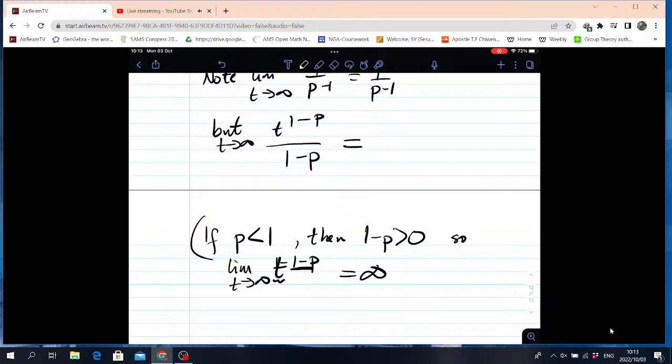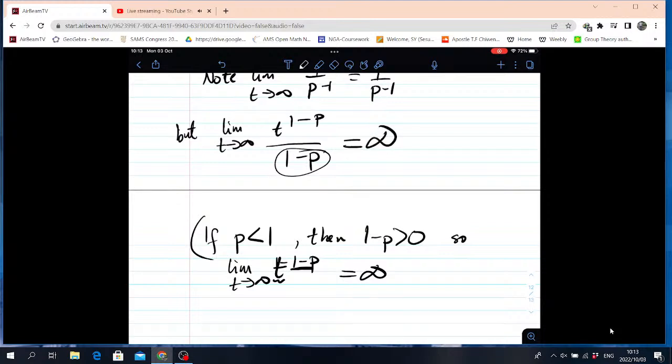The other term is just a constant, so it's not going to affect whatever limit we get.